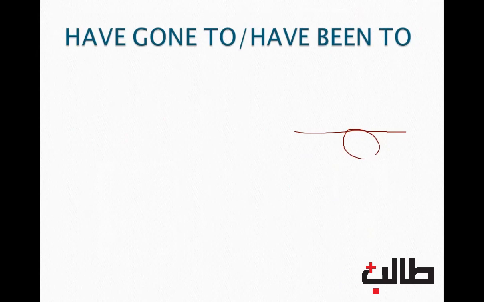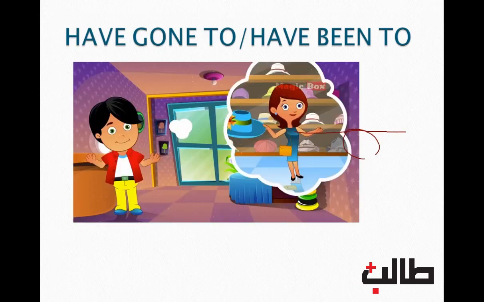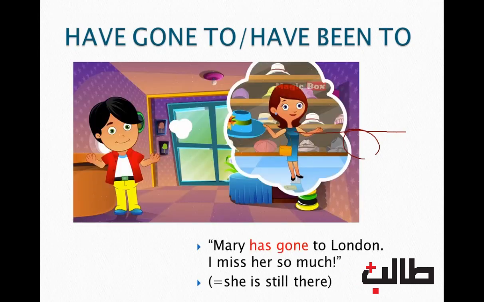Have gone to and have been to. What is the difference between the 2 words? It's too easy. In the first example, Mary has gone to London. I miss her so much. This means that she's still there. So, dear students, when I say has gone to, it means that the person who has gone is still in his place or her place.